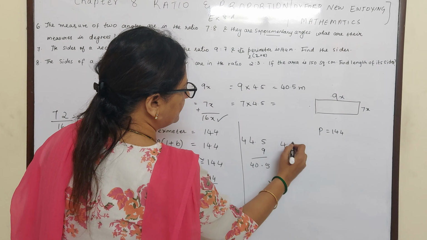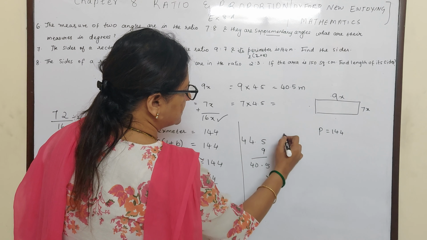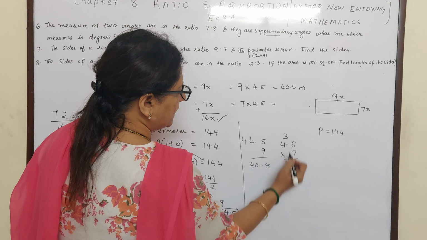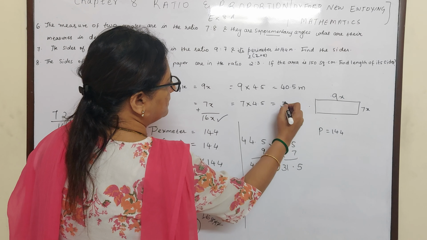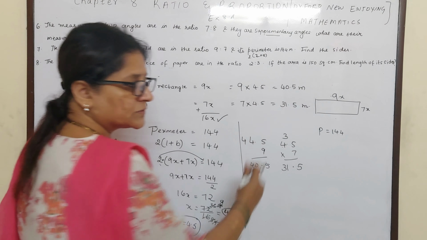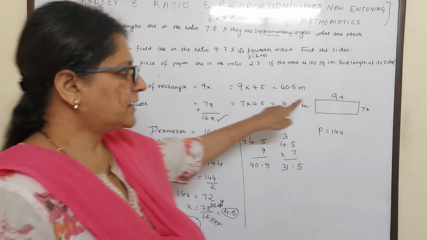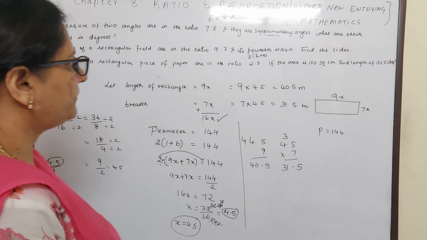Then 4.5 into 7, 7 5s are 35, after that point, 7 4s are 28, 31, 31.5 meter. So in this way you will get the length and the breadth of the rectangle.